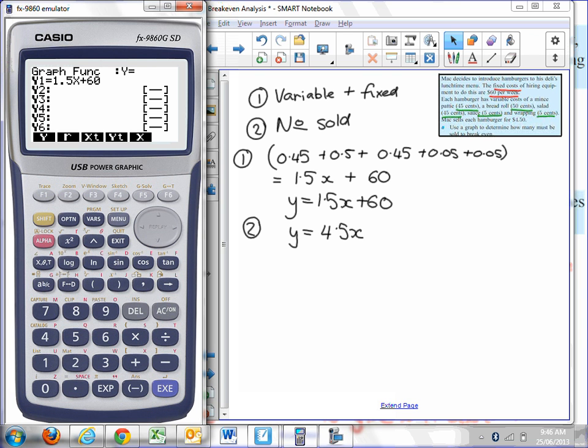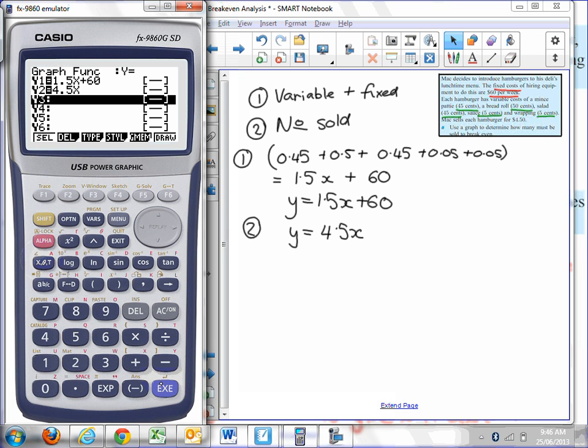Where's X, I'm being asked? It's below the alpha button, below the red button. No, you don't want to press F5 because that changes the type of equation. You must press the one below the alpha button. For the second equation, we've got y is equal to 4.5x.